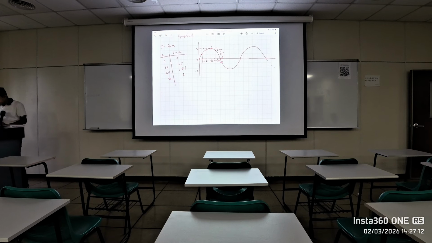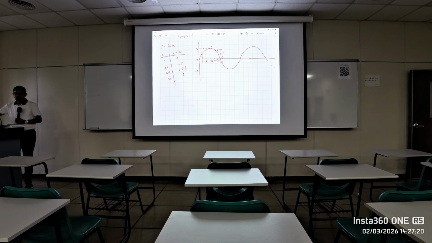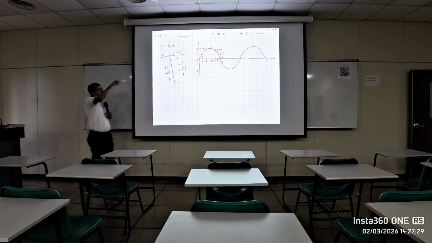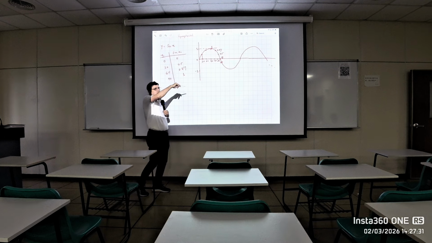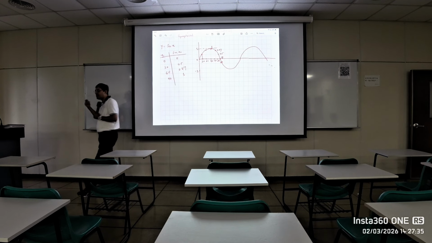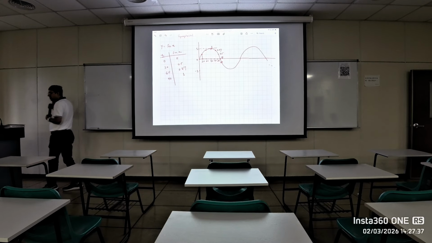If we continue like this further, 180, then 210, 240, 270, and so on, we can get different values. Now, if we connect these values, we will get this kind of graph. It is applicable for all kinds of functions, right?